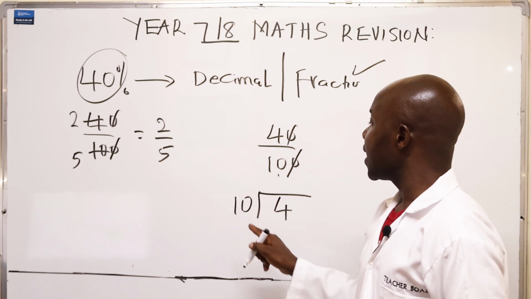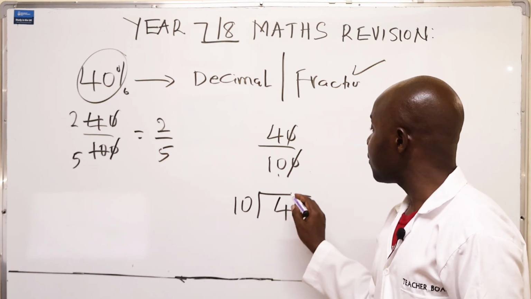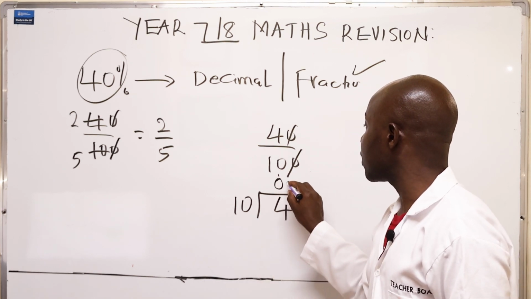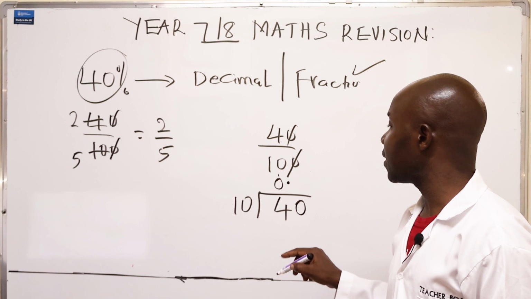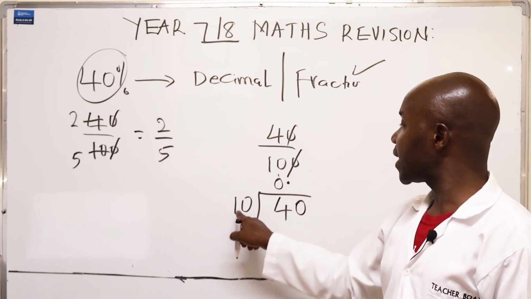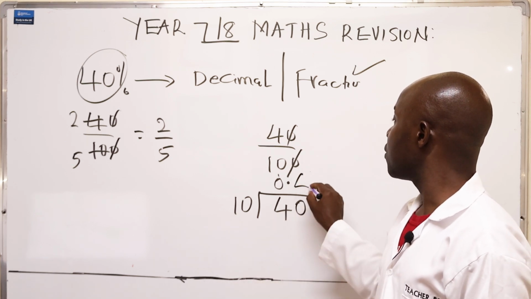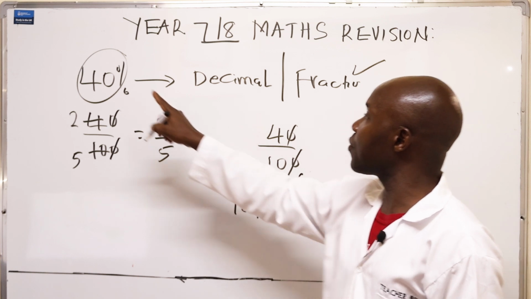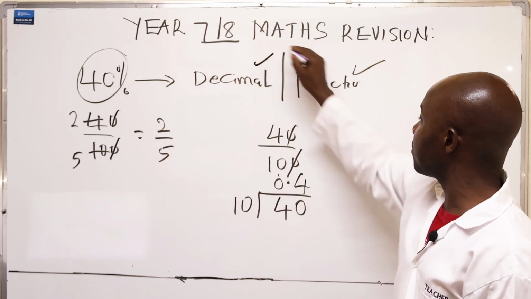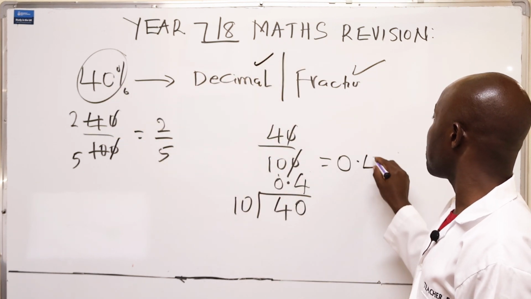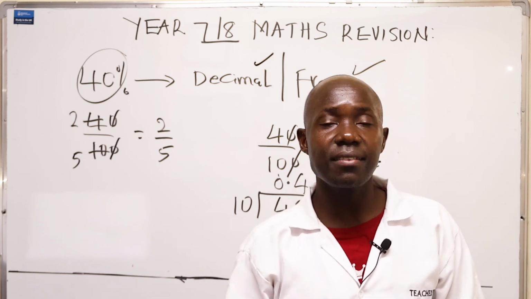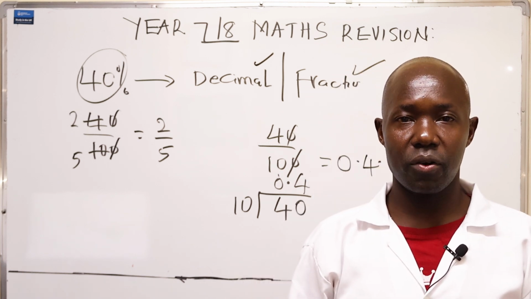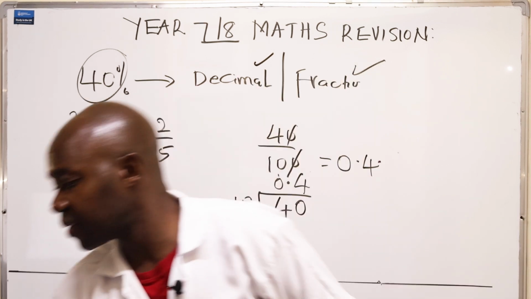So you come and ask, can 10 go into 4? No. If it doesn't go, you put a 0, you introduce a decimal, then you bring a placeholder here, 40. Now 10 goes into 40 how many times? 4 times. So changing your 40% into decimal, becoming 0.4. So it doesn't matter whatever case that they have brought. Let us go to the next question.